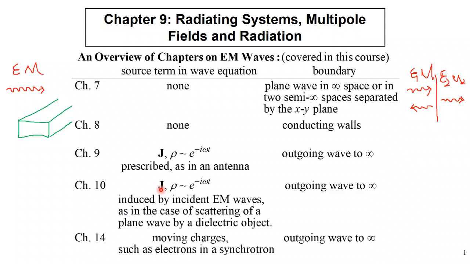Okay, in Chapter 10, we will consider sources again, but this source will induce an electric dipole or magnetic dipole on metal, dielectric, and different materials. So these dipoles will become radiation sources.